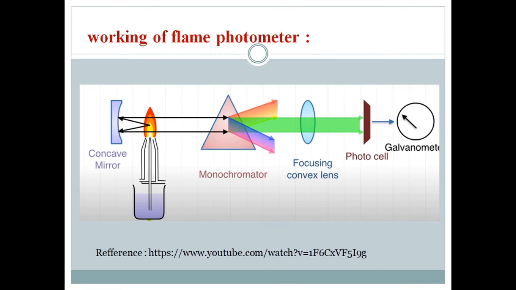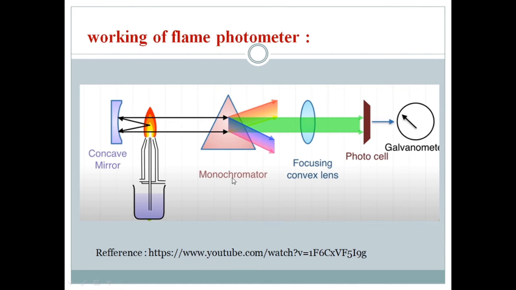Some gaseous metallic atoms absorb heat energy and jump to the excited state, meaning excitation from ground state to excited state, and then instantly return to the ground state with emission of certain radiation, which is then collected by the concave mirror.